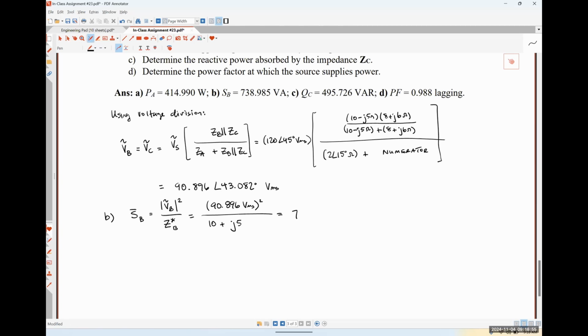I got 738.985 with an angle of negative 26.565 degrees volt amperes in polar form, and 660.968 minus J330.484 volt amperes in rectangular form.